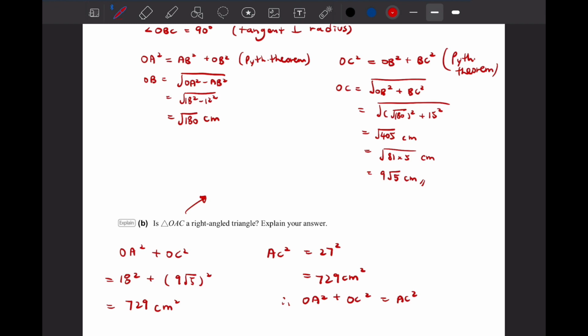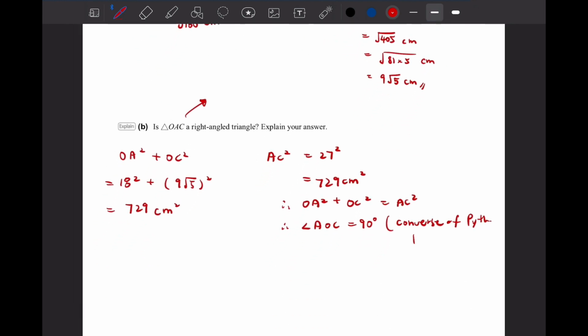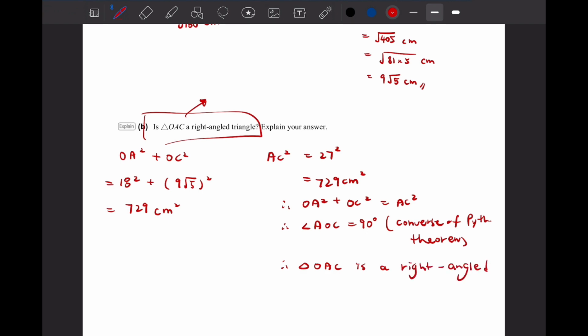So therefore, you can say OA squared plus OC squared equals AC squared. And because they're the same, therefore angle OAC has to be 90 degrees, converse of Pythagoras theorem. And make sure you answer this. So therefore, triangle OAC is a right angle triangle.